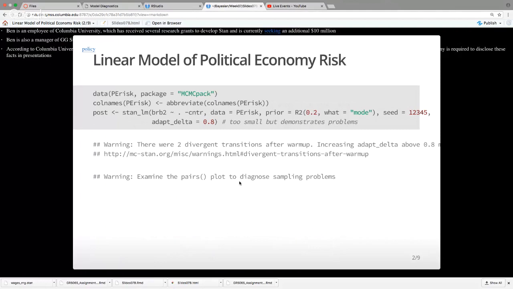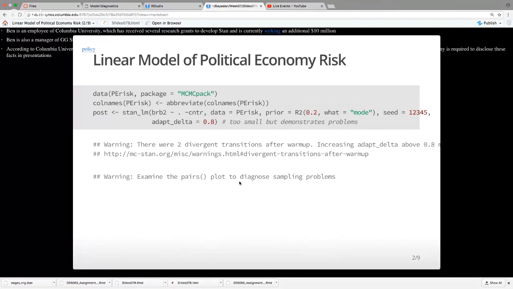BRB2 intuitively stands for the black market exchange rate, the second measure of this. And I just want to use all the variables that are available, which is not that many, except the name of the country. This data is just observed at one point in time, I think a long time ago.